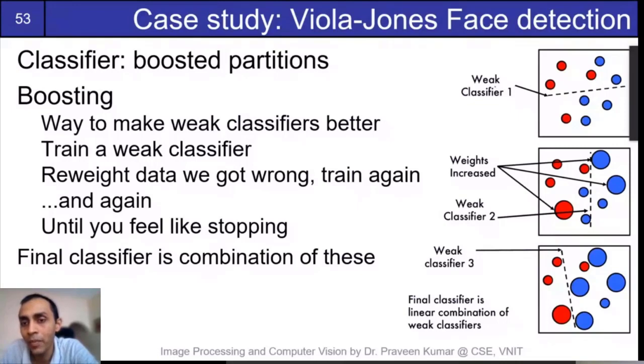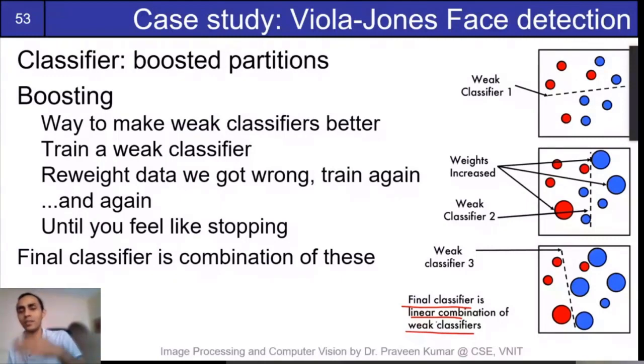In that way, you will end up learning several weak classifiers, which are good in a partial sense, but not strong in avoiding all false positives and false negatives. So what you do is come up with a final classifier, which is just a linear combination of these weak classifiers. You use these different partitions and come up with a linear combination of these weak classifiers.